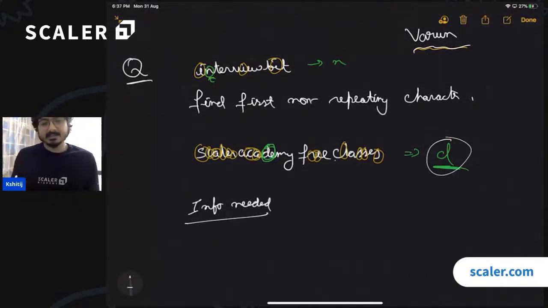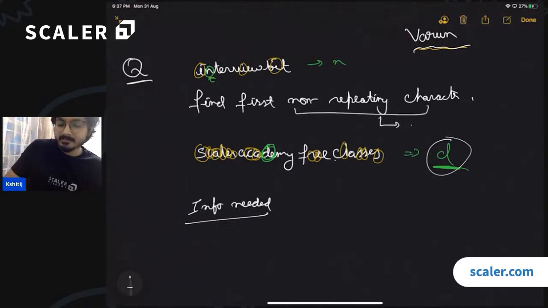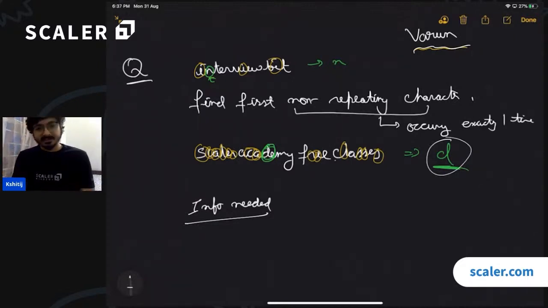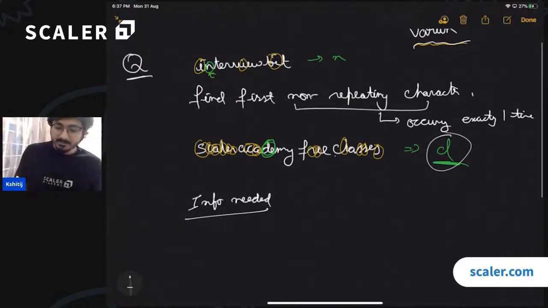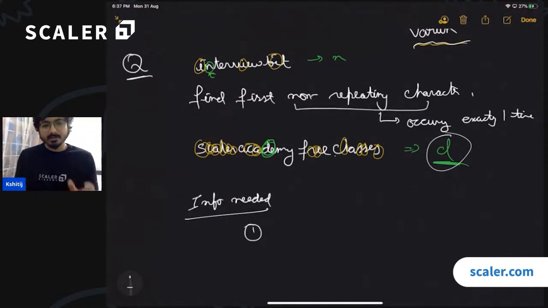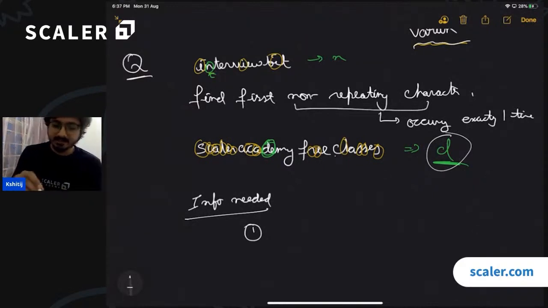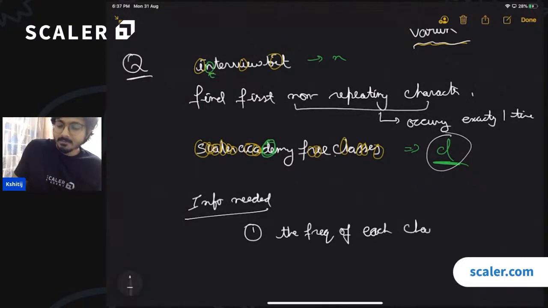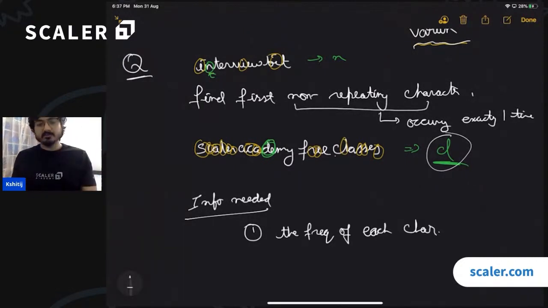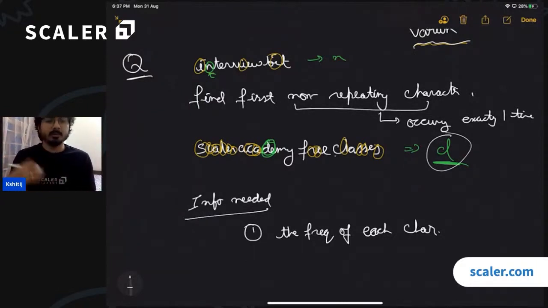First thing is, since I want to find the first non-repeating character, and a non-repeating character means a character which is present in this string exactly one time, the first information that I need is the count of all the characters in the string. So what is the frequency of each character? Because only if I have the frequency of each character can I comment whether the characters are coming one time or multiple times. So this is the basic info which is required.